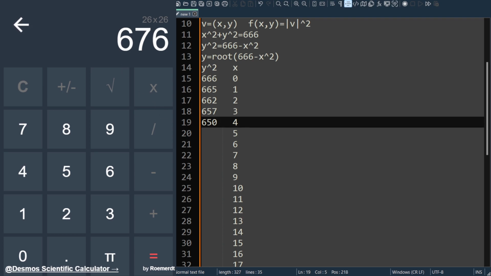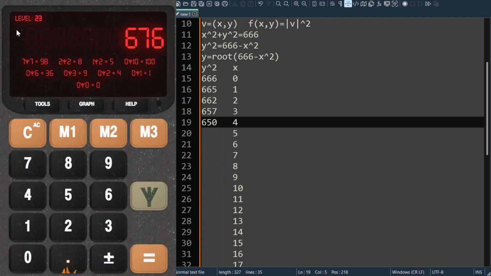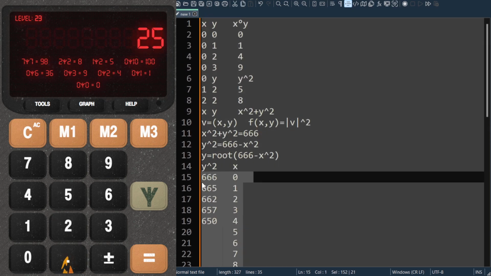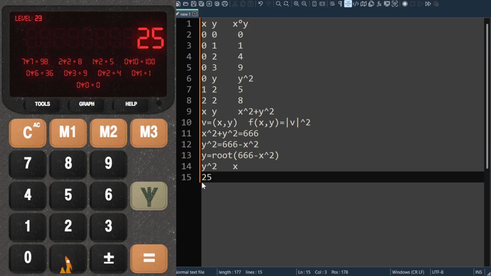There's also another way. Okay, I have an idea. I have to do this the following way. First of all, clear, then input 25. Then I don't even have to think about this. I think I made this way too complicated. 25 squared equals 625.